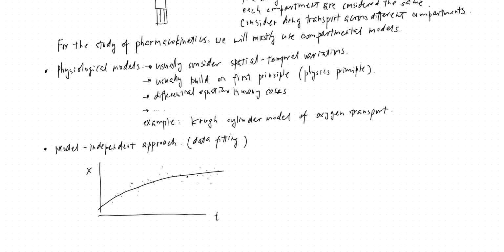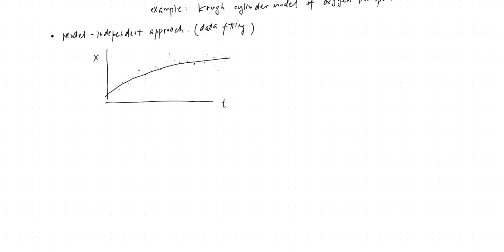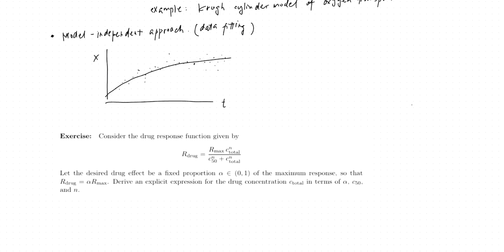Okay, so let me leave a homework for you. Consider the drug response function given by this one, the same as we discussed earlier. Let the desired drug effect be a fixed proportion alpha of the maximal response. That means R drug equals alpha R maximal.